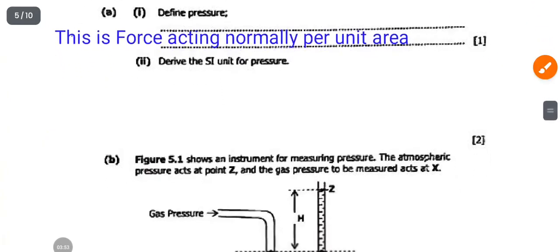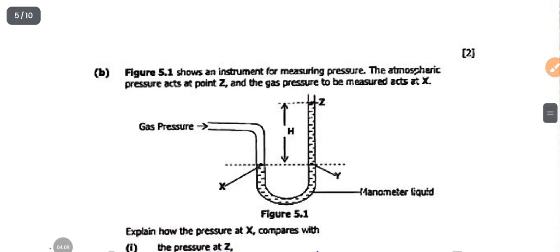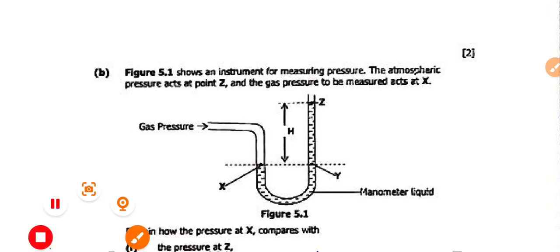Then question B, figure 5.1 shows an instrument for measuring pressure. The atmospheric pressure acts at point Z, and the gas pressure to be measured acts at X. Explain how the pressure at X compares with the pressure at Z. Alright.